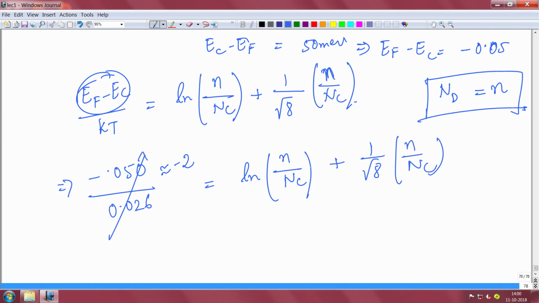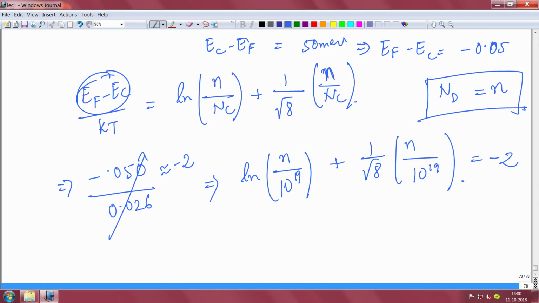This Nc is supposed to be given in the question. So suppose it is 10 to the power 19. So now there is only one unknown. This is equal to close to minus 2. So you can do a couple of iterations, or even put in a numerical solver and find out what n is. So that is good.